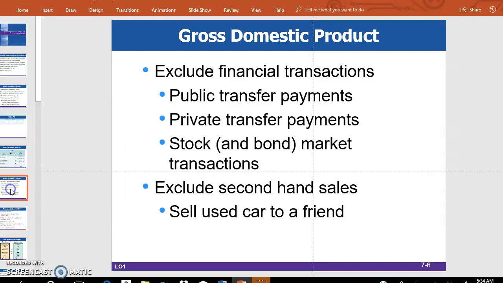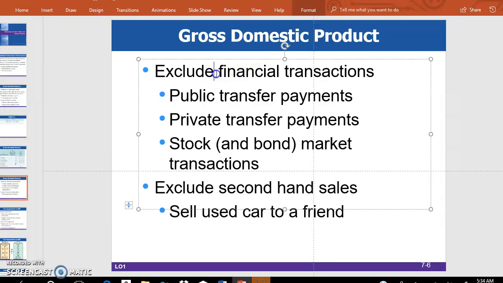And now here, these are the things we exclude from GDP. One is financial transactions, right? Public transfer payments. If someone gets a social security benefit, or unemployment benefit or disability benefit, those are transfer payments. Those are one-sided payments without getting anything in return.